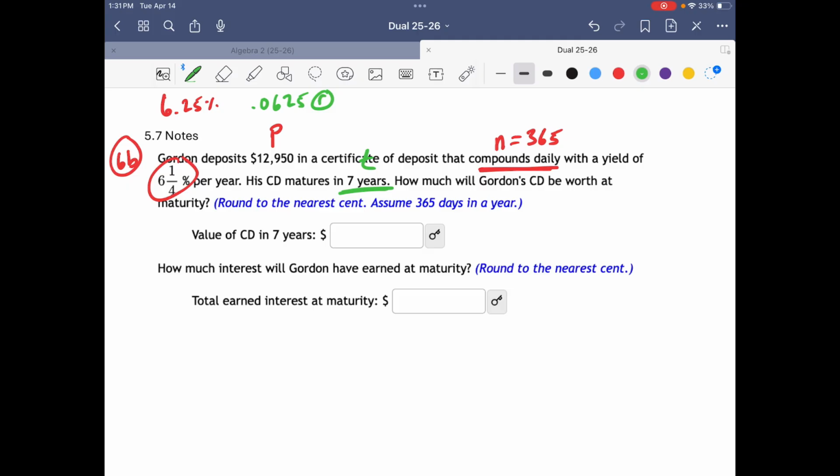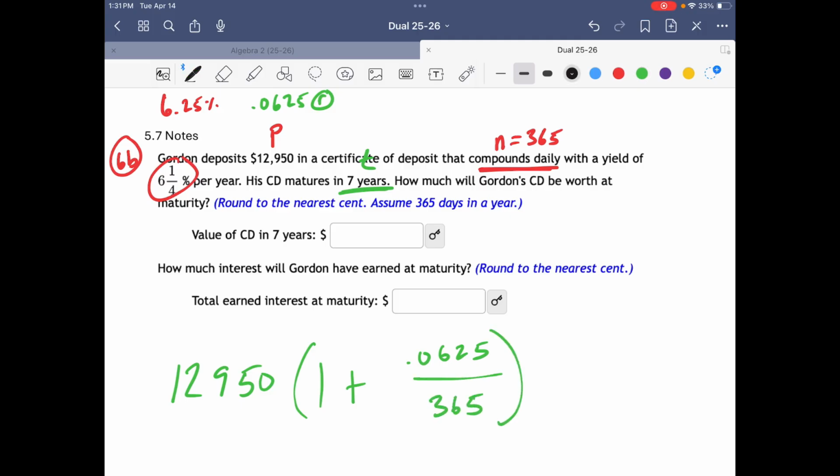You just put the numbers in, right? And you're going to put 12,950, then 1 plus R, 0.0625, divided by n, which is 365. And then up on top, you're going to do 365 times 7 for 7 years.